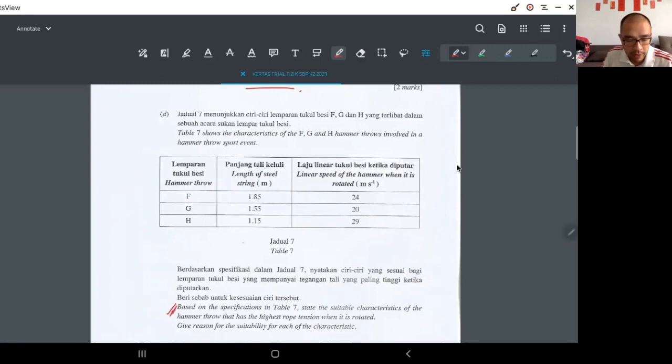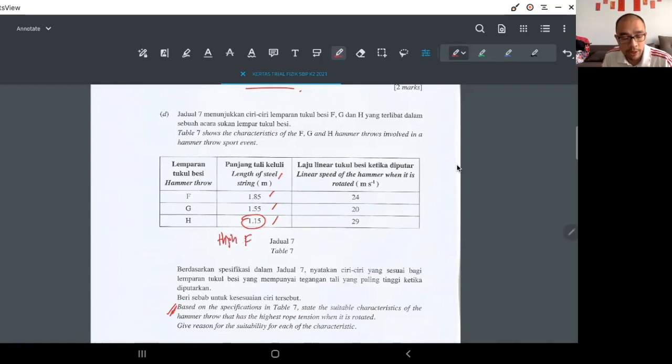We have the length of the steel string, either 1.85, 1.55, or 1.15. So which one do we want? I would say that we want the string to be short. Why? Because when your string is short, you get a centripetal force that is high. How do you know it's high?